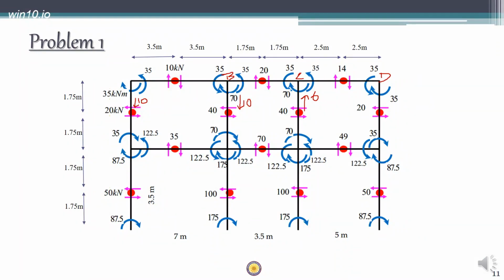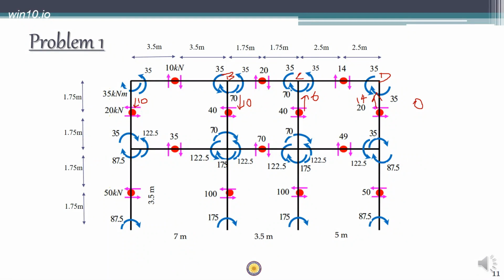This has to be counteracted by the axial force in the column, which is upward 14. Now if you take the sum of all these, 10 downward, 6 upward and 14 upward, you get the result to be equal to 0. This is because there was no vertical load acting on the frame.